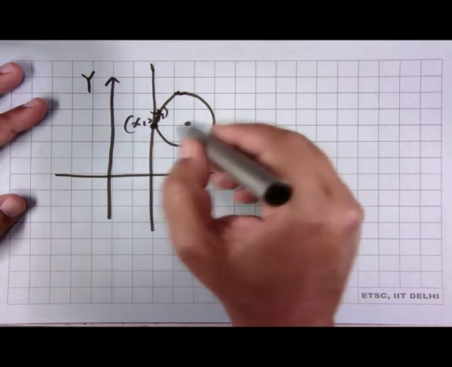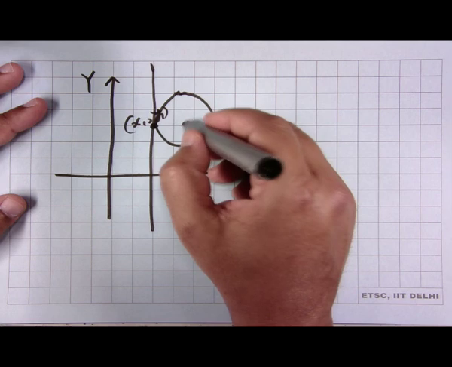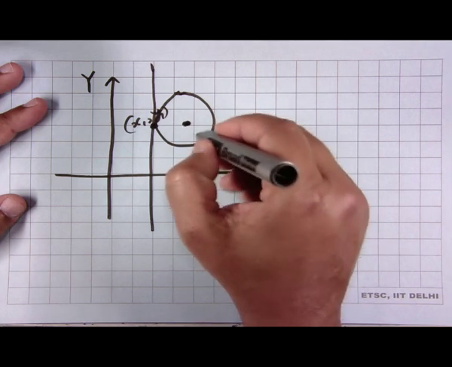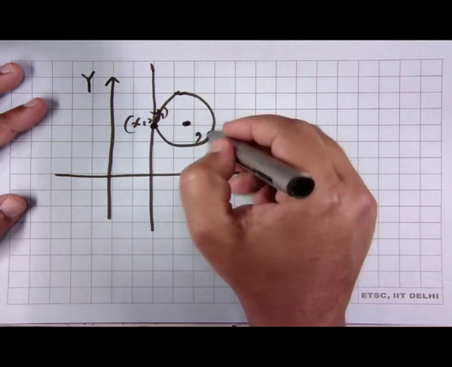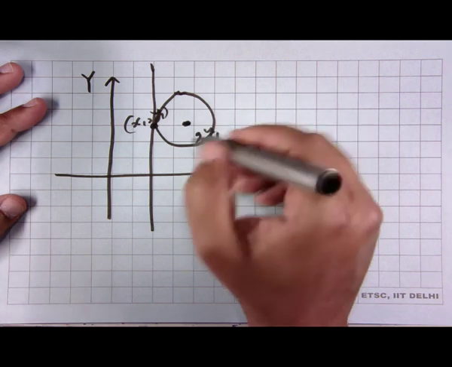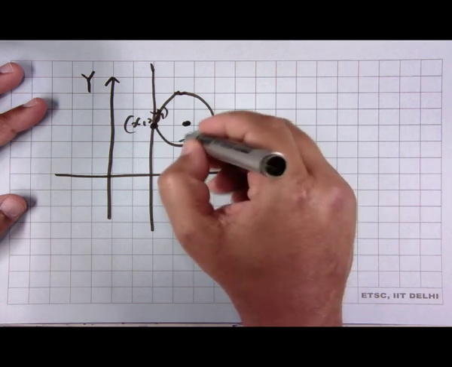Clearly, the center of all such circles should have a y coordinate which is equal to y1. Let us say the x coordinate is minus g.